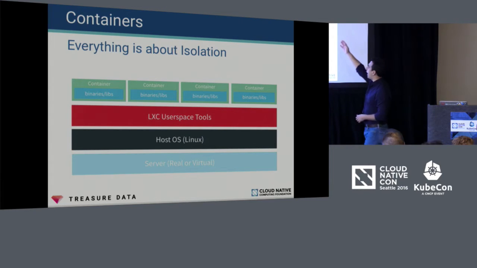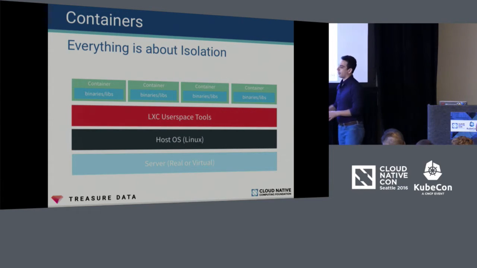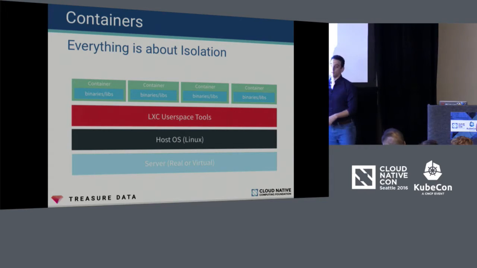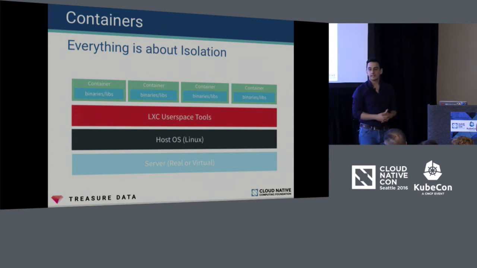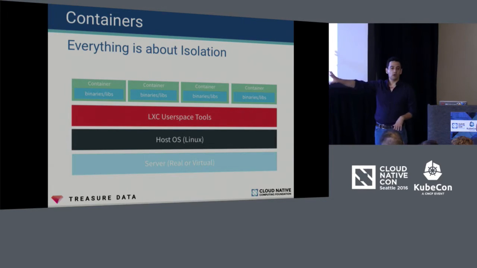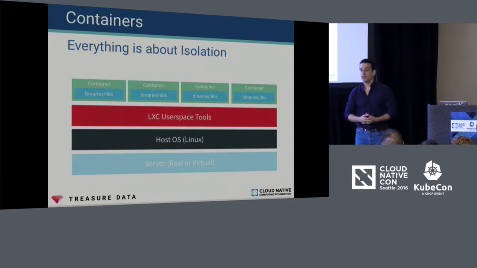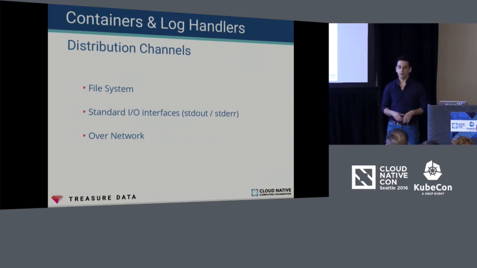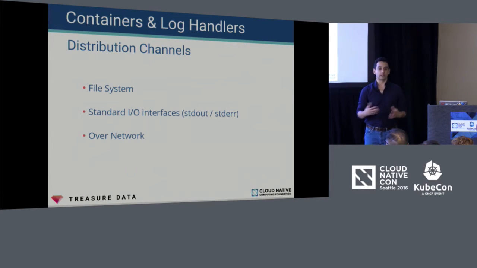So in one container, I can be running some application with, I don't know, OpenSSL, maybe I'm testing a new crypto library, and I can try BoringSSL or something like that on the other side. It doesn't matter. The system doesn't know what's going on inside the container. It just knows what kind of CPU it is consuming, what kind of memory, and what kind of devices it is trying to access. And of course, when you have containers, you have applications, the system, and service units, and all of that needs logging.